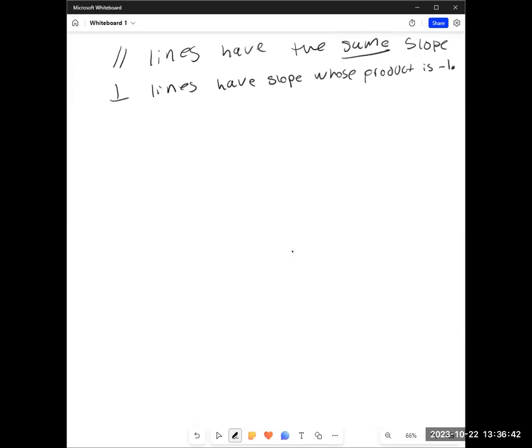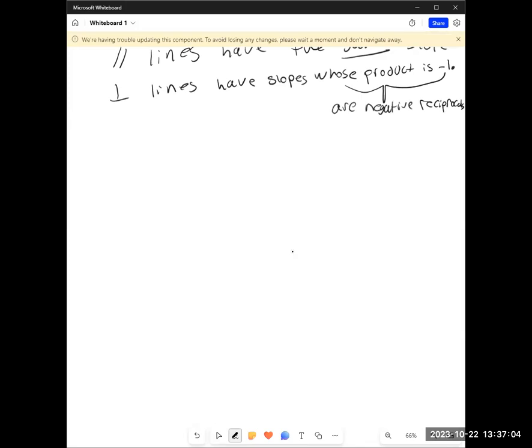More simply, the slopes are negative reciprocals. It's another way to say that.